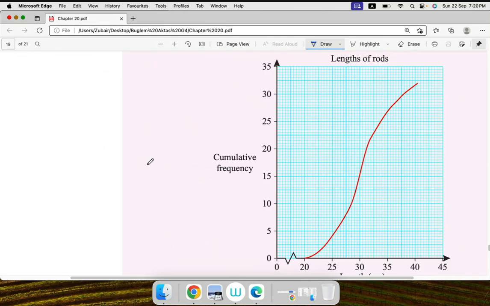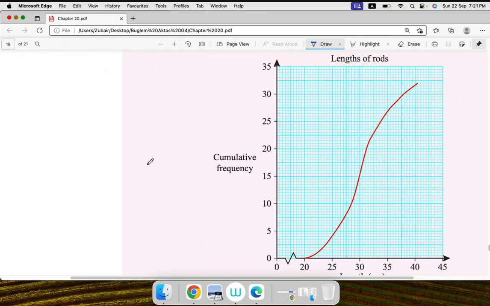I know it's the 50%, and that would be 17.5. So I just have to go from there. Median is 50% on the y-axis, and from there we draw the horizontal line and read what is on the x-axis. 30.5.